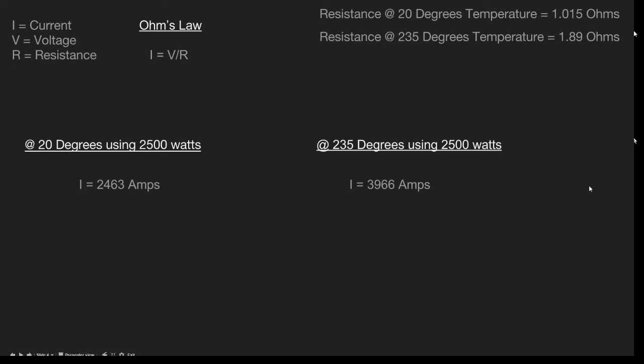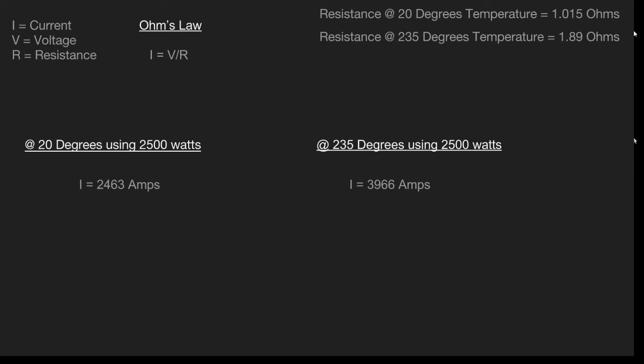And the whole point here is just to point out the wild variance. These aren't just two numbers in isolation. As the temperature rises every single degree, those amps, that current, are going to increase. And as far as I'm aware, there's no system that can handle currents wildly varying.